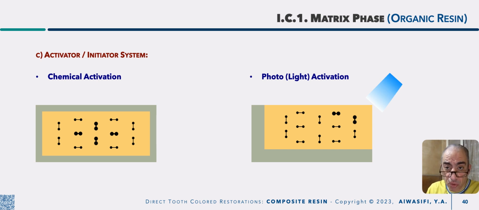Why? Because it shrinks towards the center, where the center contains the post, so it will produce maximum adaptation around this post. What about the aesthetic quality? I'm not in need of aesthetic quality because it's a core material and it will be covered by a full coverage restoration.